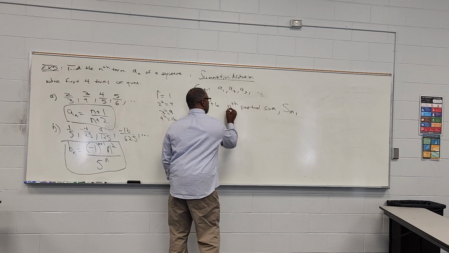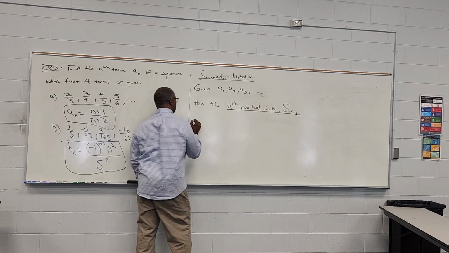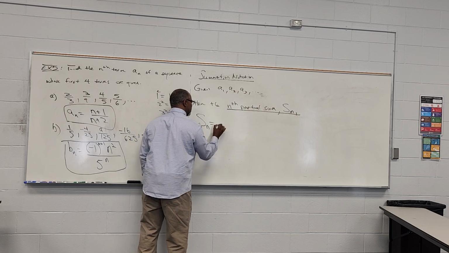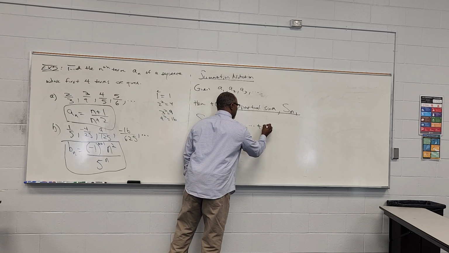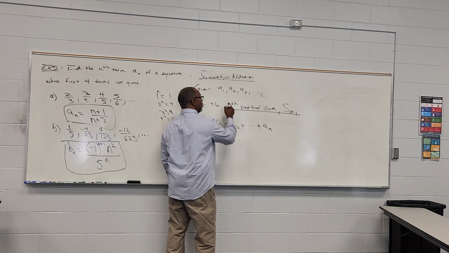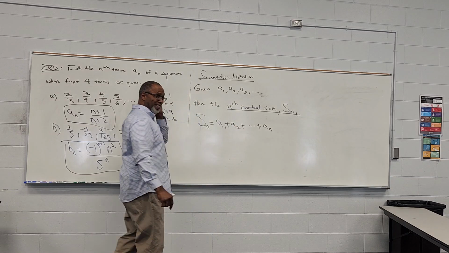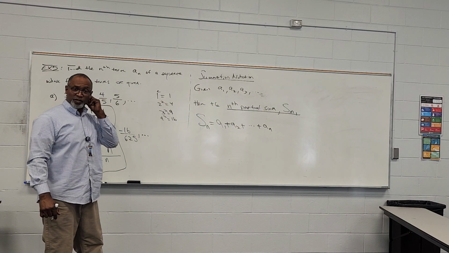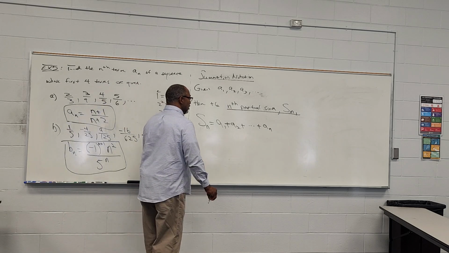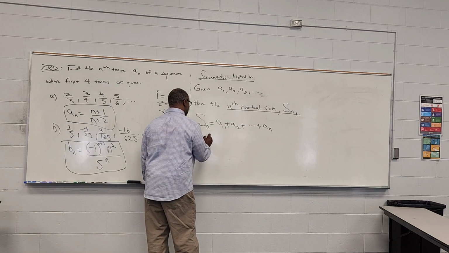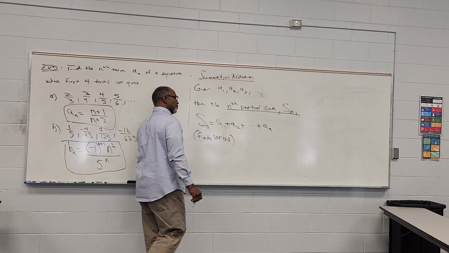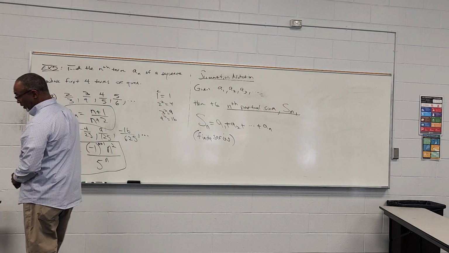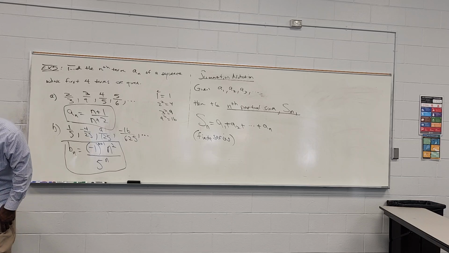So we're defining what we mean by the nth partial sum, and it's going to be A1 plus A2, dot, dot, dot, all the way to n. So all I'm doing is adding up the first n terms of the sequence, okay? And this is a finite series. I'm just adding up the first n terms of the series.